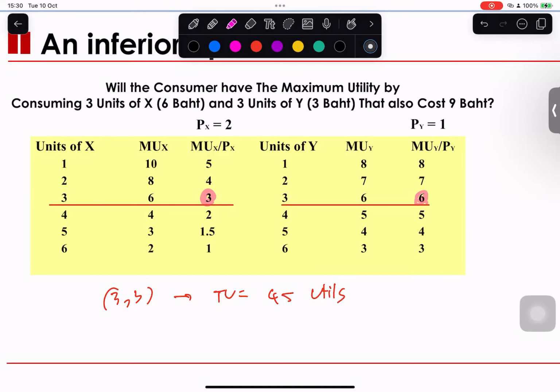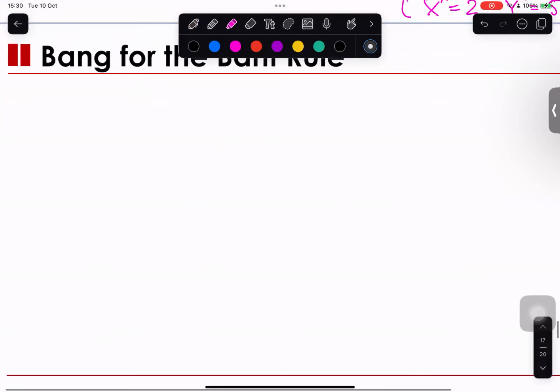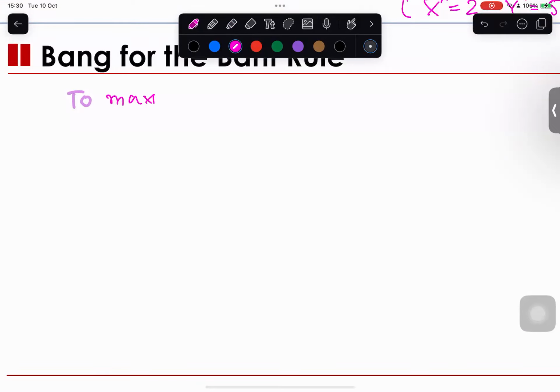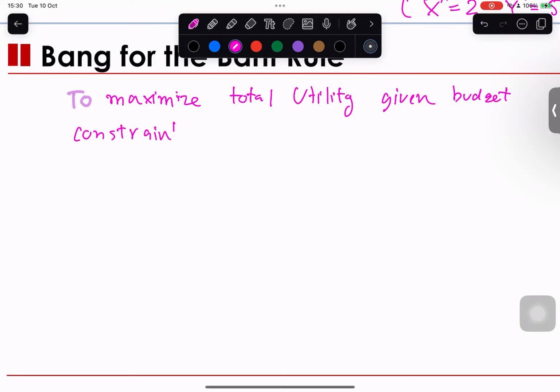Okay. So go back to this one to write down the rule. To maximize utility, max TU given budget constraint.